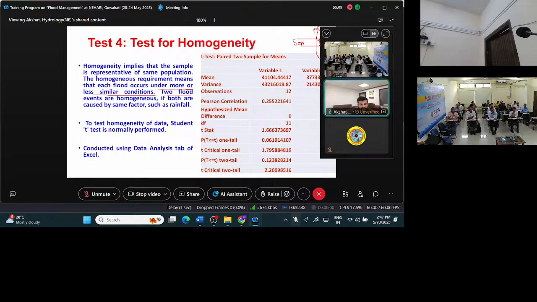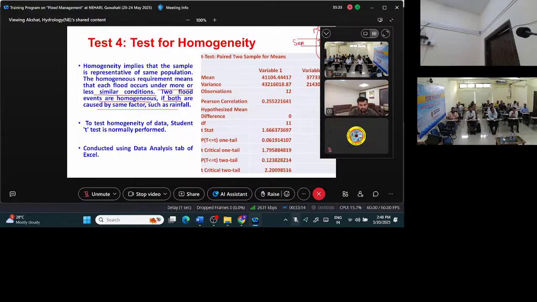Two floods or events are homogeneous if both are caused by the same factor, that is rainfall. If some flood has been caused by another factor such as a glacial lake outburst or a dam burst, we have to reject those data.